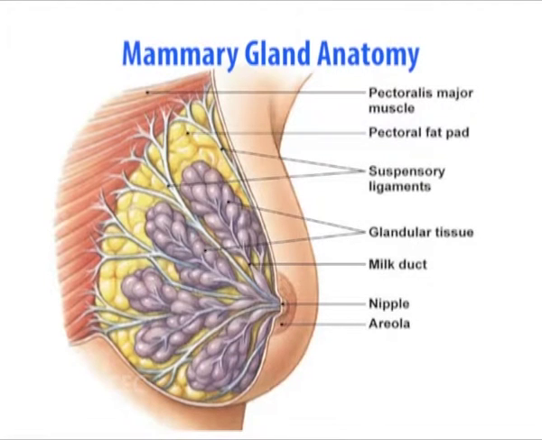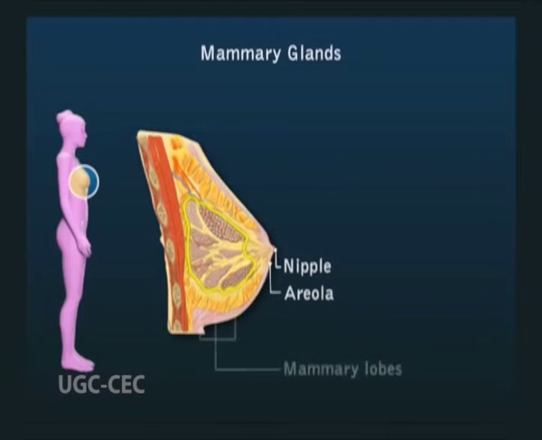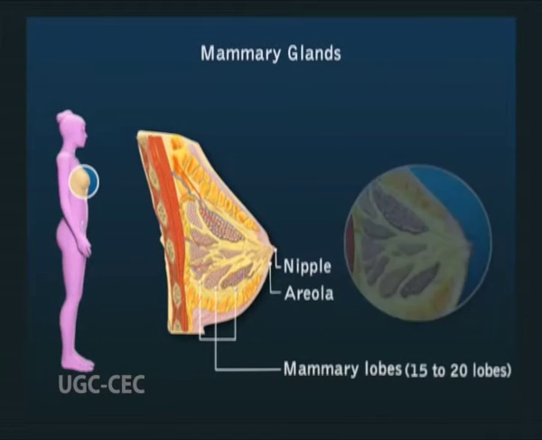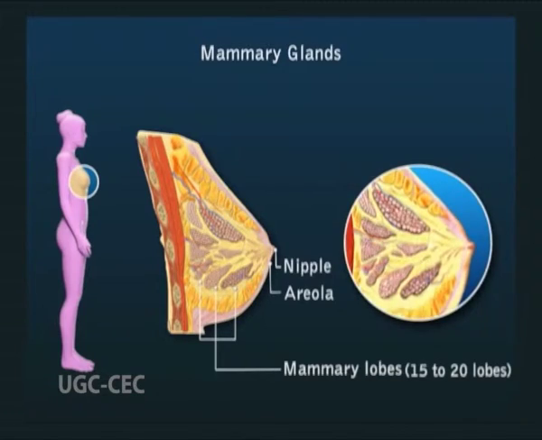When all the milk-secreting tissue leads to a single lactiferous duct, this is called a simple mammary gland. In a complex mammary gland, all the simple mammary glands serve one nipple. Humans normally have two complex mammary glands, one in each breast, and each complex mammary gland consists of 10 to 20 simple glands. The presence of more than two nipples is known as polythelia, and the presence of more than two complex mammary glands is polymastia.